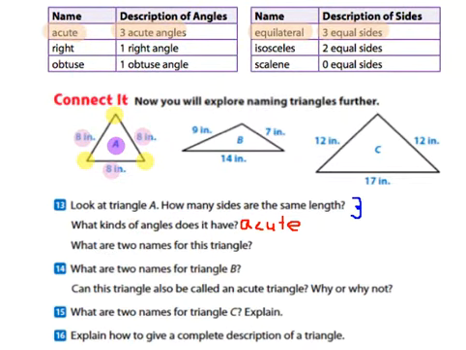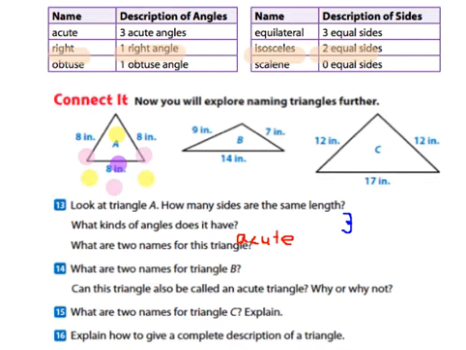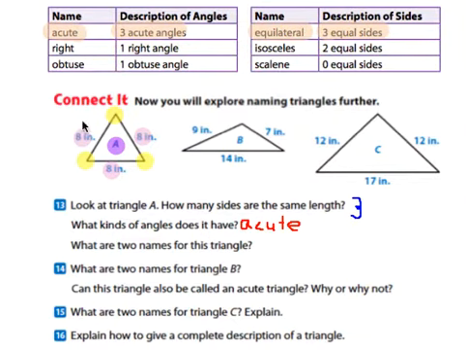So what are the 2 names for this triangle? Well, we know that it can be called an acute, ooh, sloppy, sloppy, equilateral.